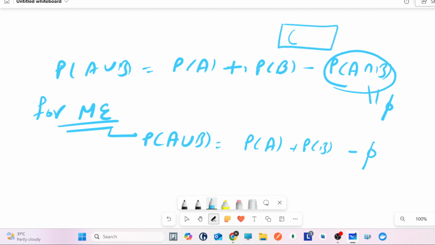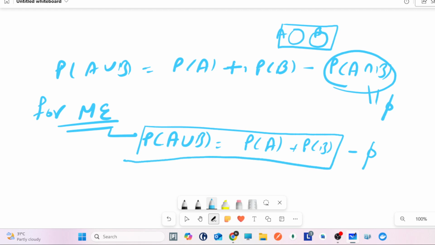This is A, this is B. Both events are disjoint, so there is no intersection part. So probability of A union B is nothing but probability of A plus probability of B. That's it. Simple. So this is for mutually exclusive events.